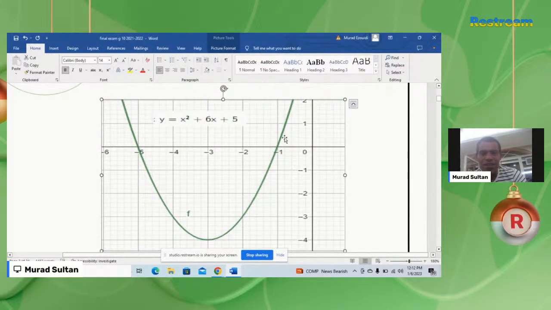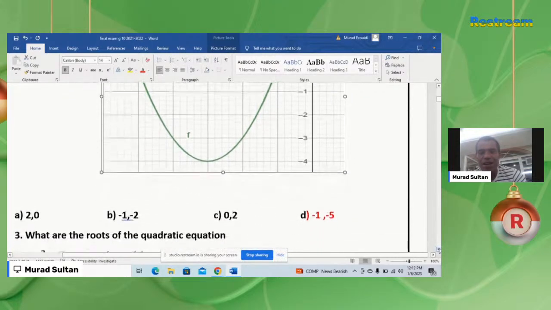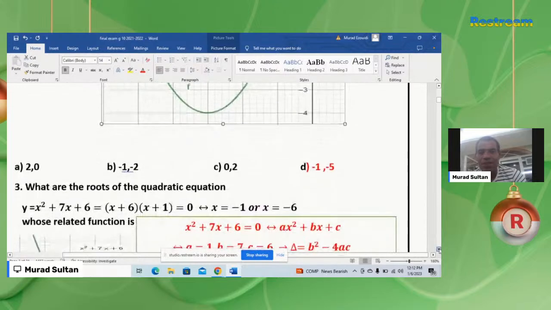You can see this is minus 1 and this is negative 5. Therefore, learners, we have two roots. So the correct answer here is minus 1 and minus 5.